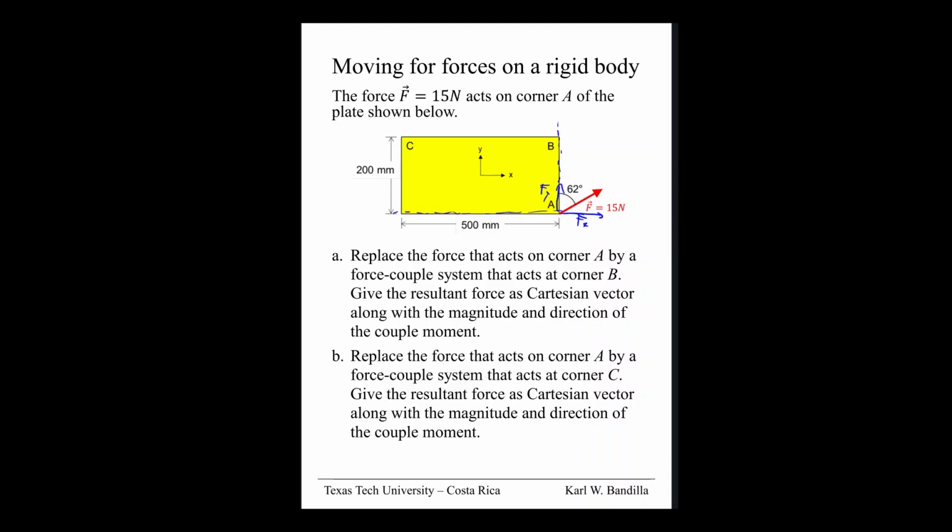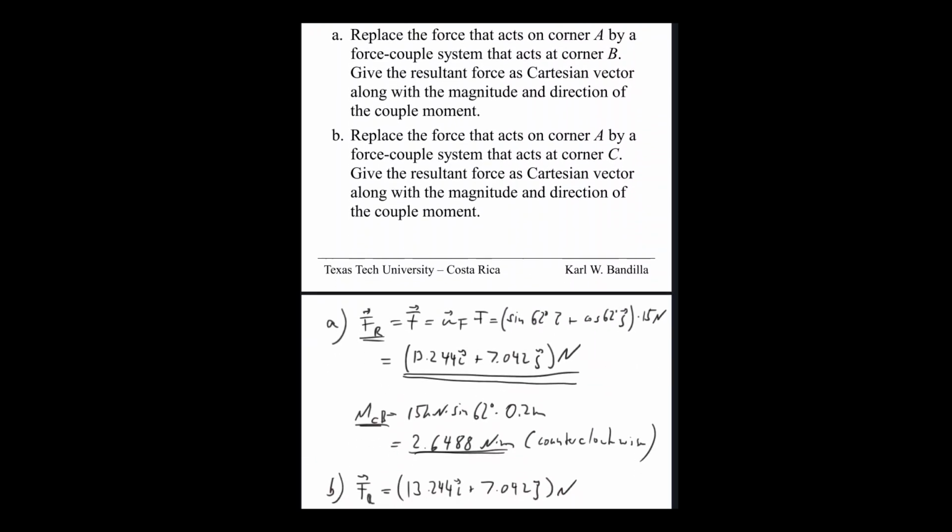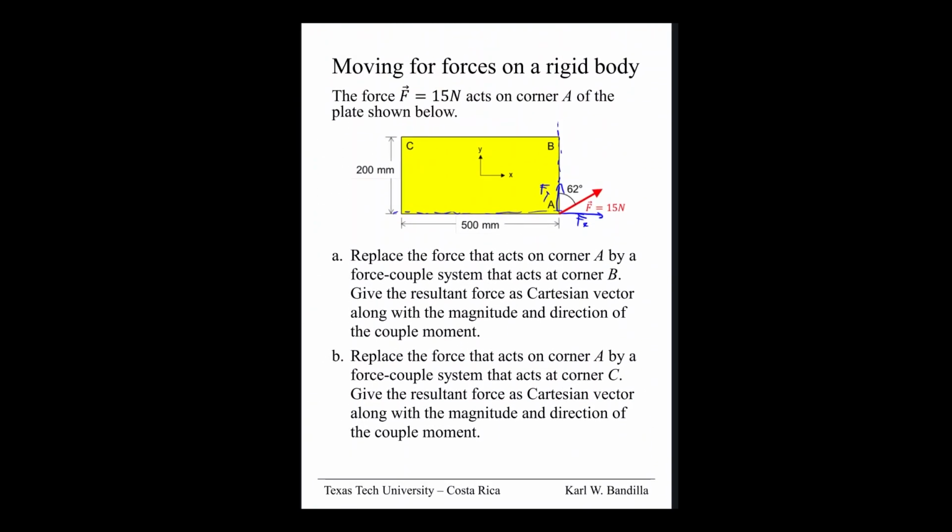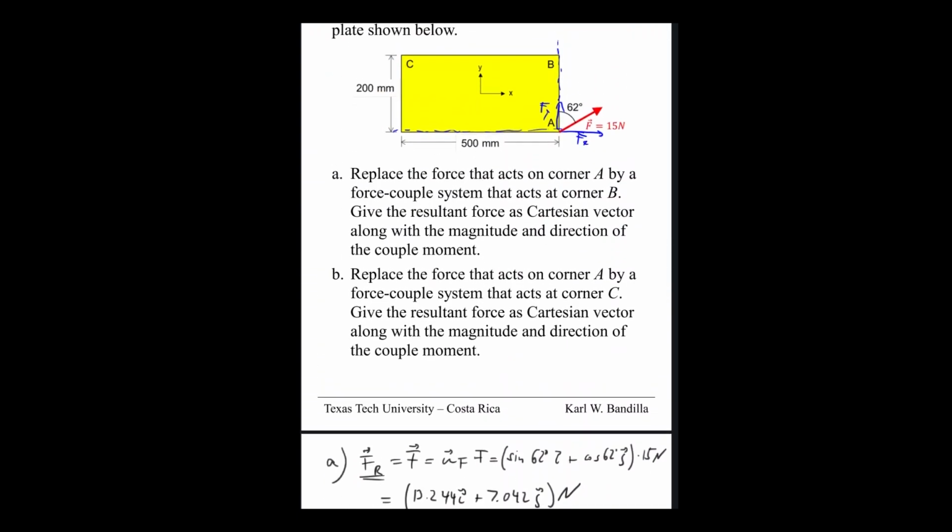If this is my line of action here of Fx, then I know it has a distance of 0.2. So this is equal to Fx times 0.2 meters. Now let's see, how does it turn? Fx will be turning this way, so clockwise is positive.